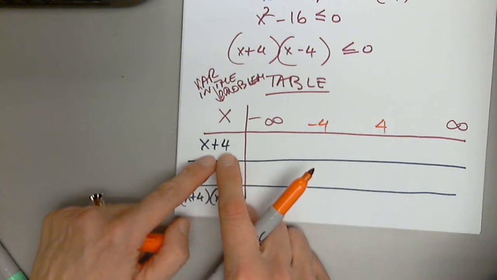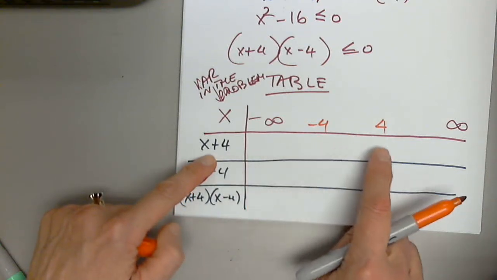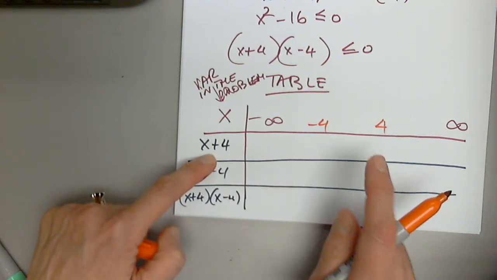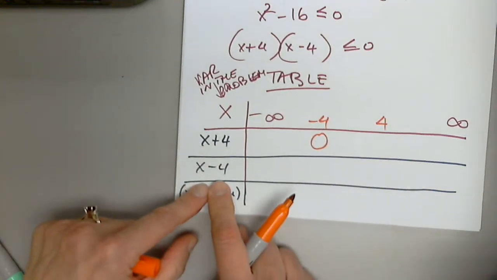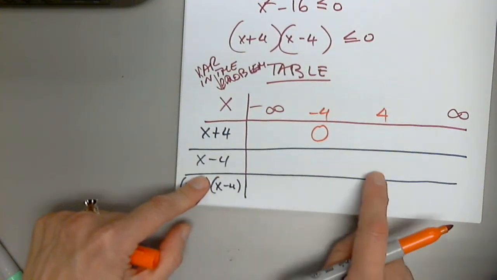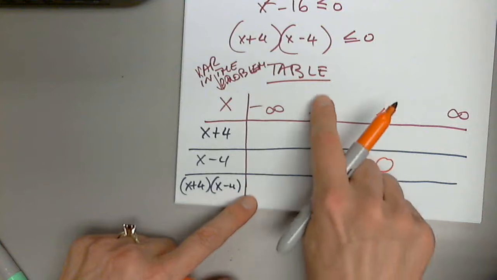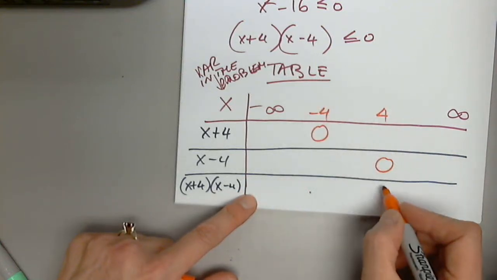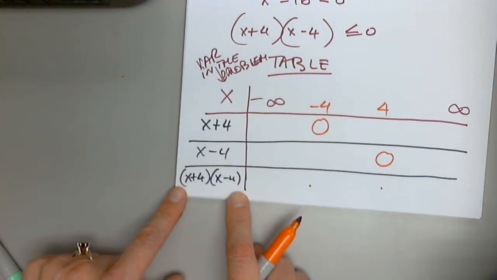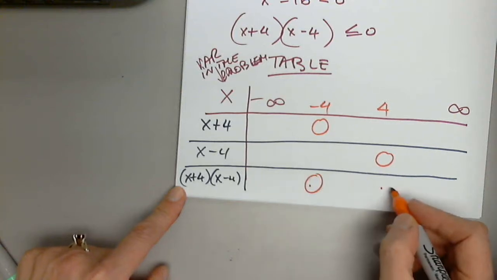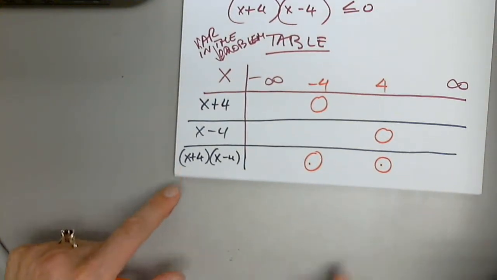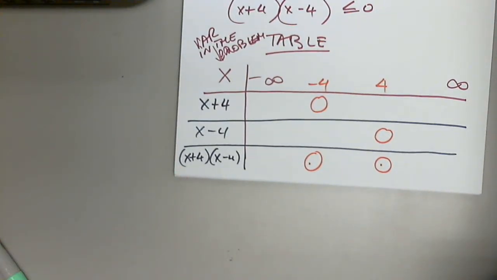So x plus 4 is 0 under which of these again? Negative 4. x minus 4 is 0 under? Excellent. And now please tell me what you get here and what you get here for the whole thing. Do you all agree with 0 in both cases? If any of them is 0, the product must be 0. Would you agree? Yes. Good.